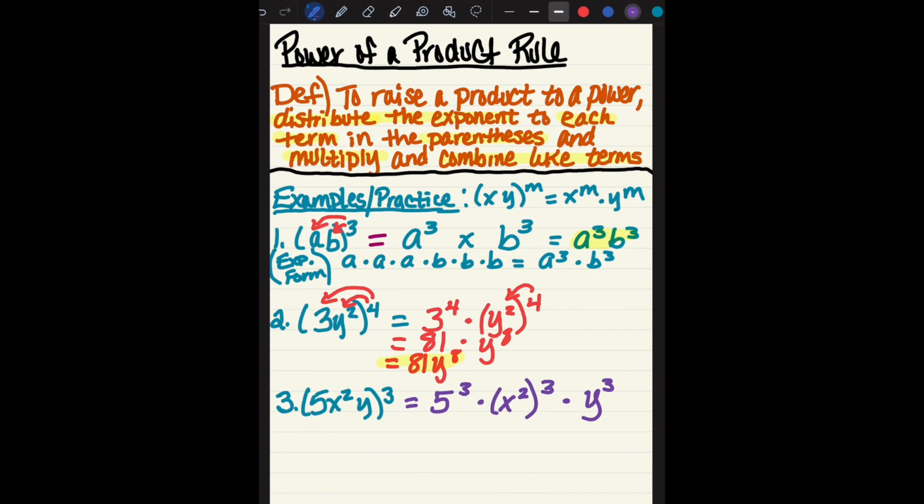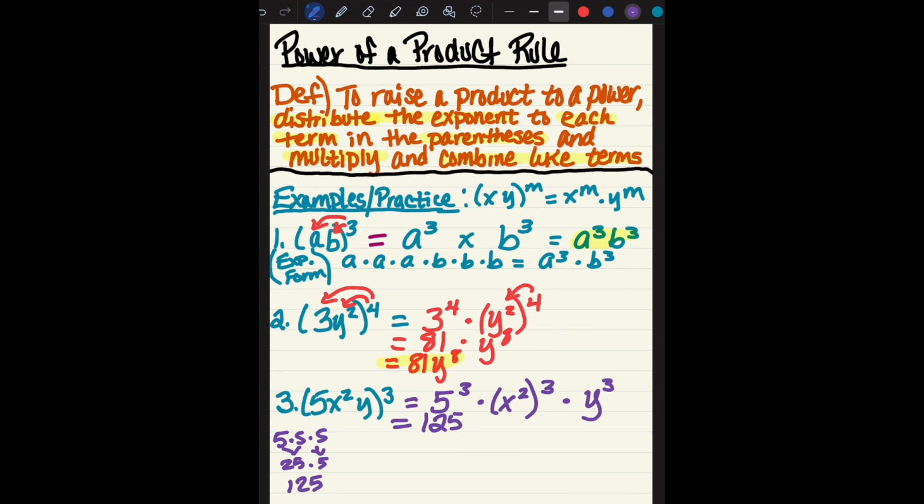The reason I put parentheses around x squared raised to the 3rd power is because whenever we have two exponents, without the parentheses it would be confusing. Let's start with 5 cubed. 5 cubed equals 125, because 5 times 5 times 5: 5 times 5 is 25, bring out the 5, and 25 times 5 is 125.